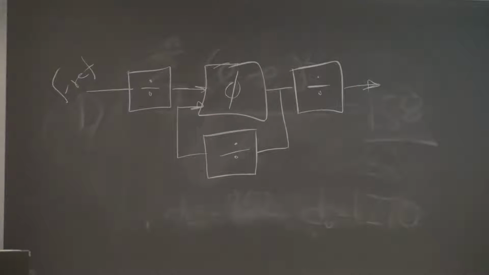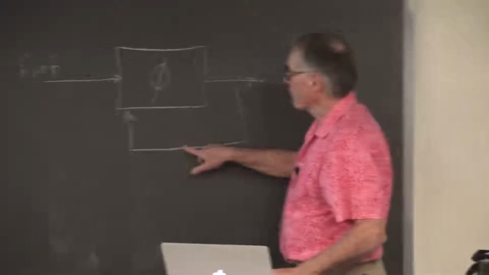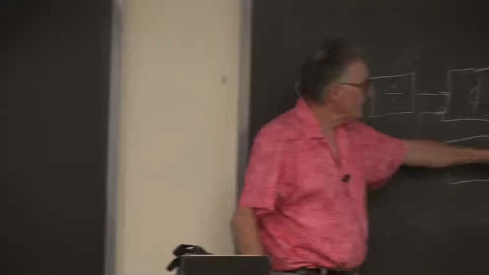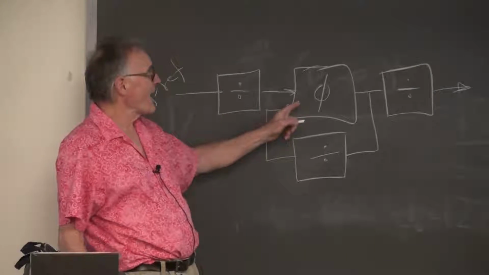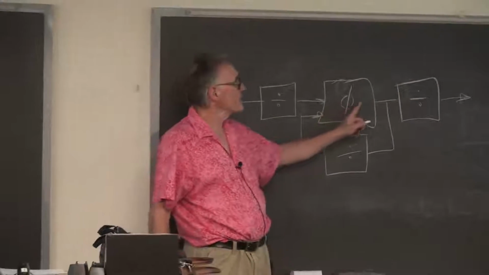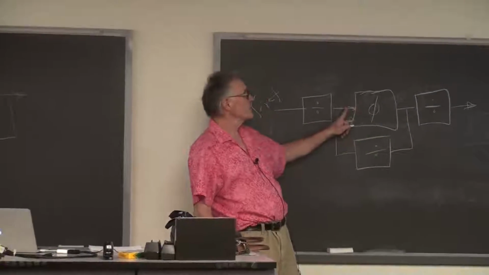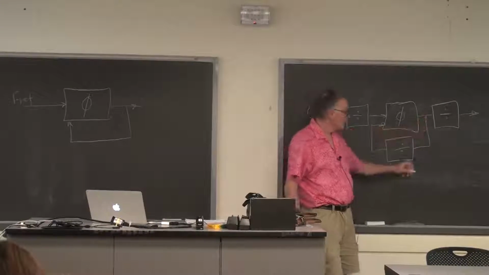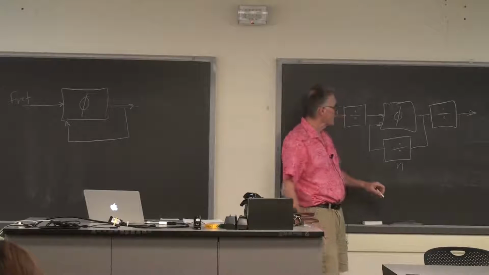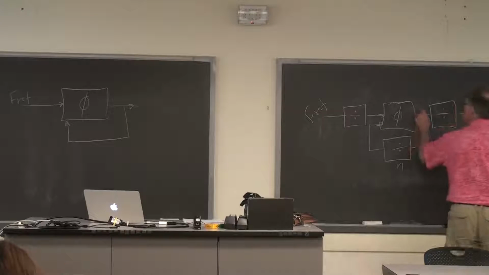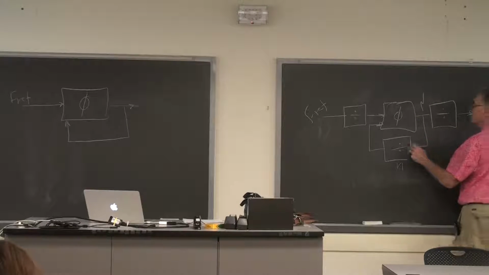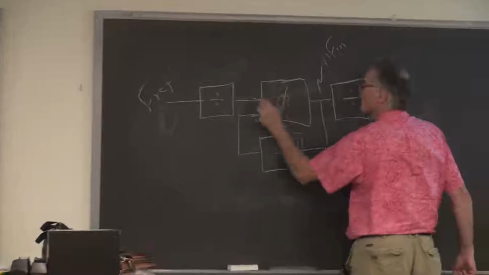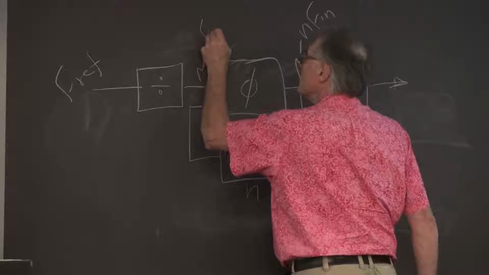So if you divide the frequency that you're feeding back, then to have a constant phase relationship between this signal and this signal, this frequency must be higher. So if you have an N divider here, then the frequency here will be N times F in, where F in is this.